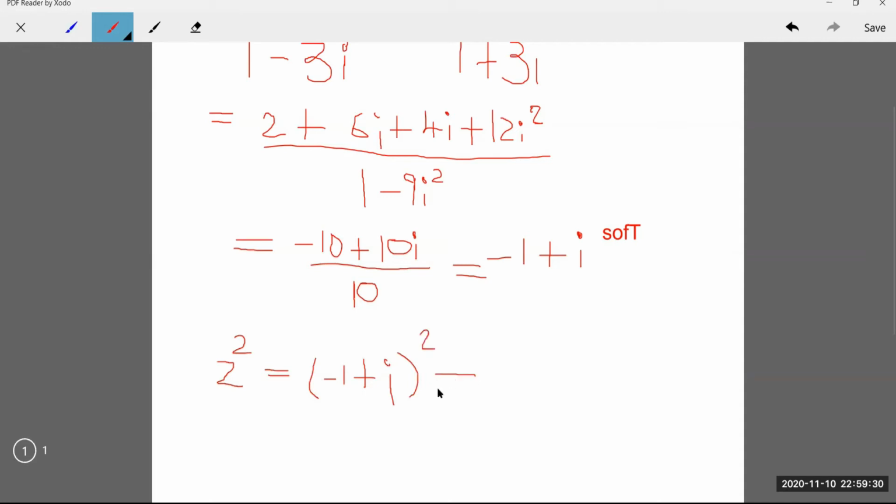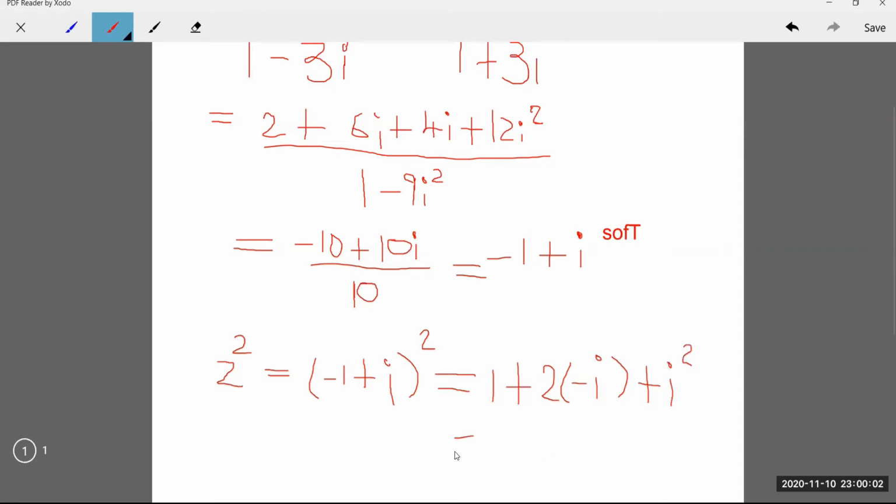Now we square negative 1, we get 1, plus twice the product of the two terms: 2 times negative 1 times i, which is minus 2i, plus the second term squared, which is i squared. I squared, as we know, is negative 1.